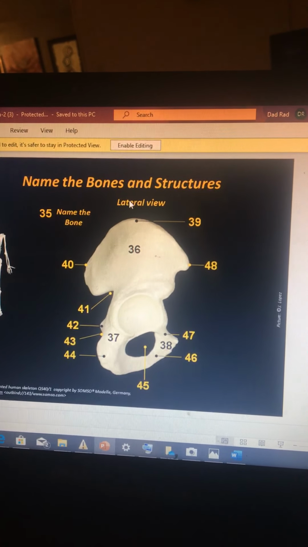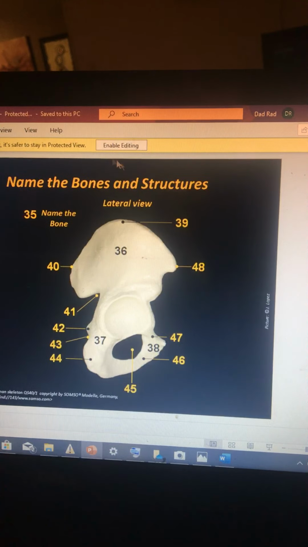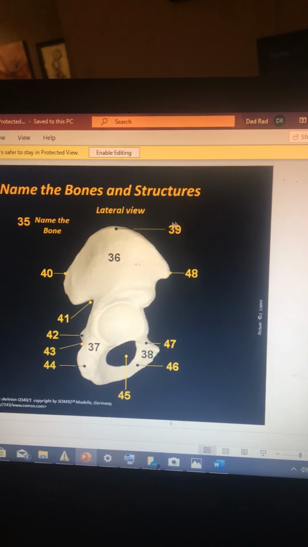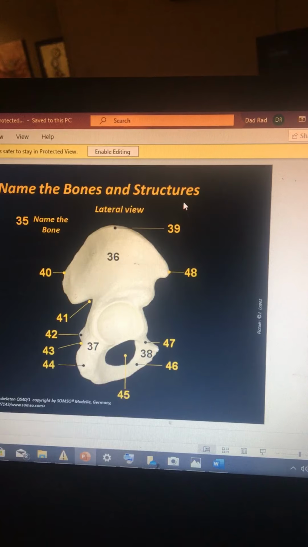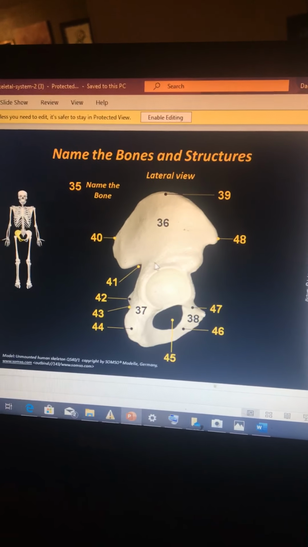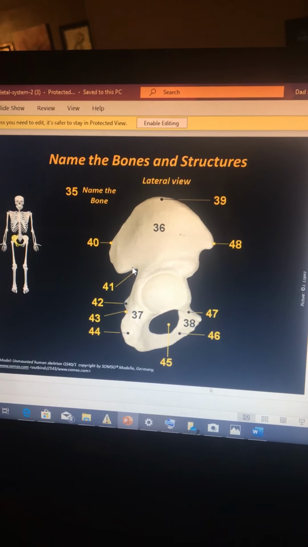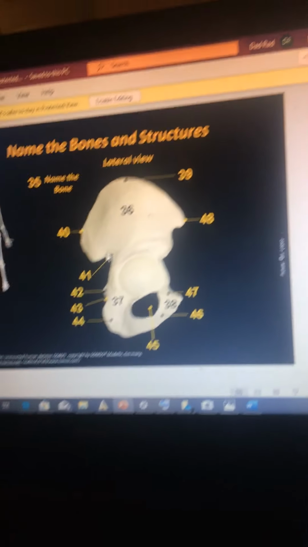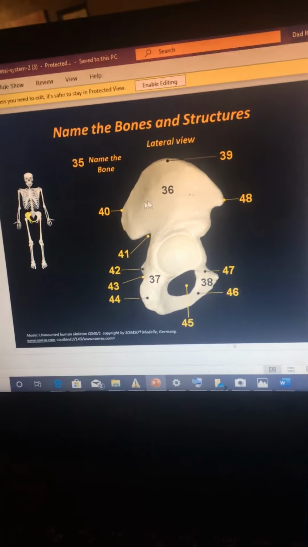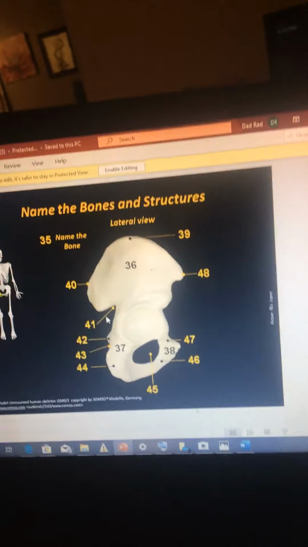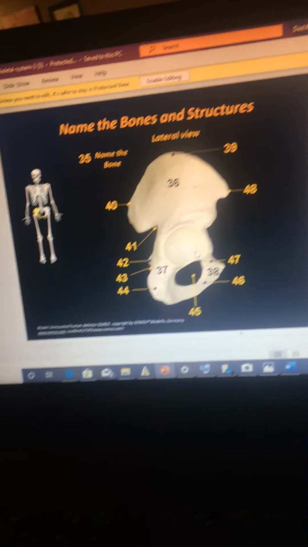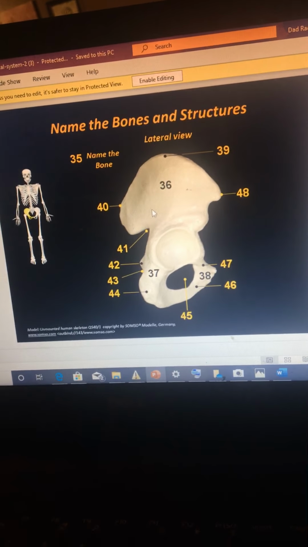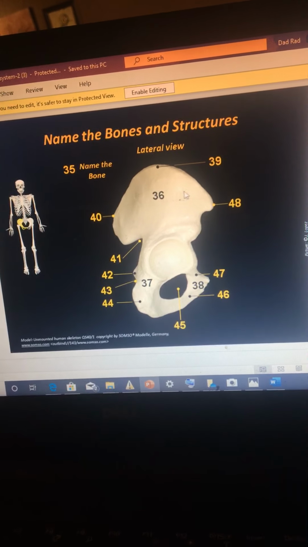This is called the coxal bone, or the hip bone. So the first bone that is a part of the coxal bone is the ilium. The ilium is this whole situation right here.